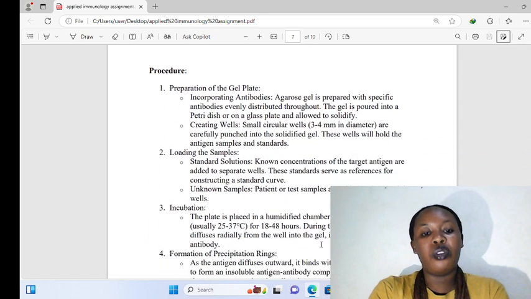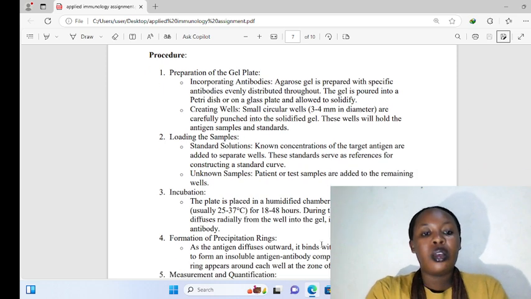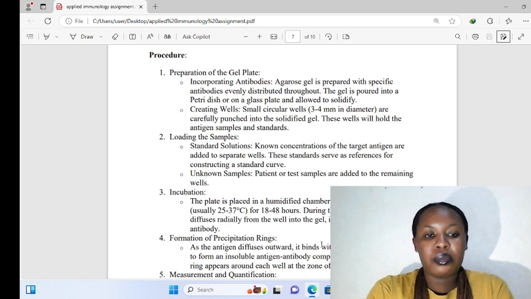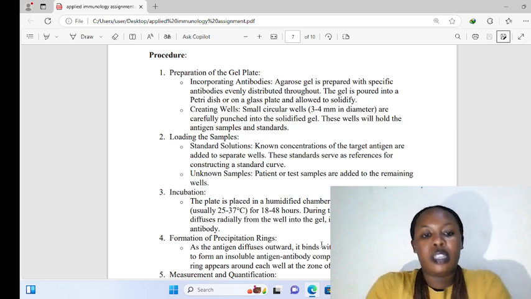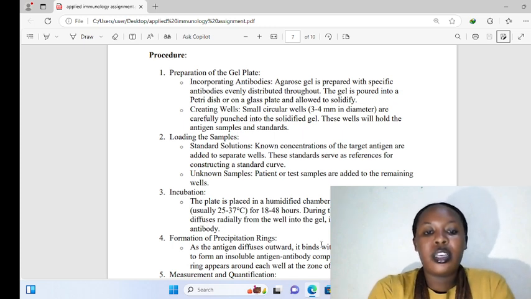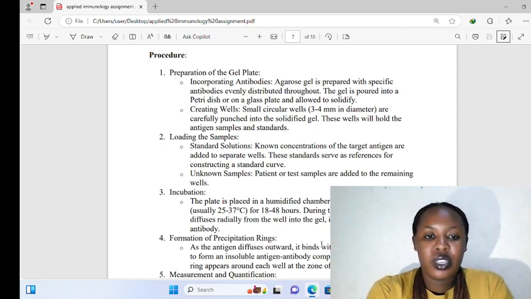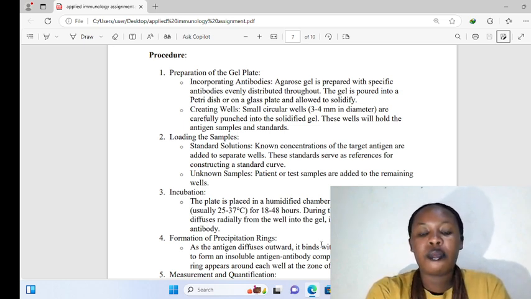How do we perform this test? First of all, we prepare the gel plate. How do we prepare it? Incorporating antibodies, where agarose gel is prepared with specific antibody evenly distributed throughout.